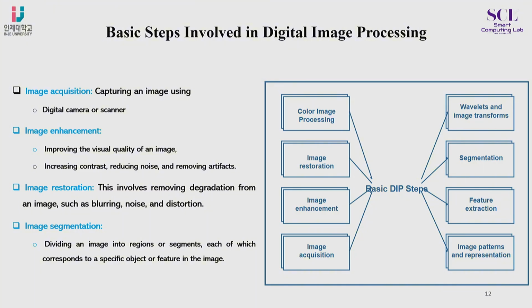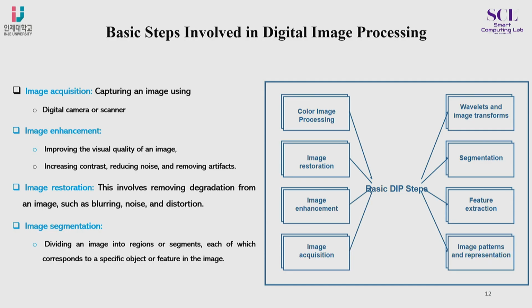Then image restoration is also a kind of image processing, in which if some part of the image is missing, we apply different operations and we restore that area of the image. And color image processing, wavelet and image transform, segmentation, feature extraction, and image patterns and representation.